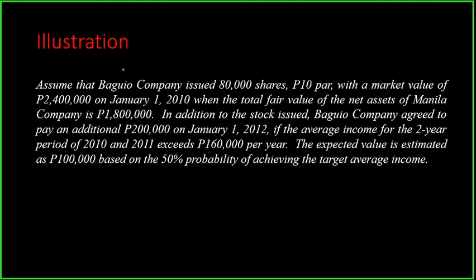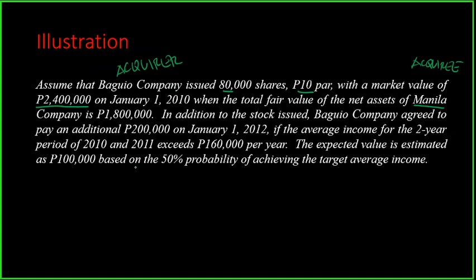Who is Baguio Company? Baguio Company is the acquirer. And Manila Company is the acquiree. This one is the par value of the 80,000. 2,400,000 will be the fair market value.